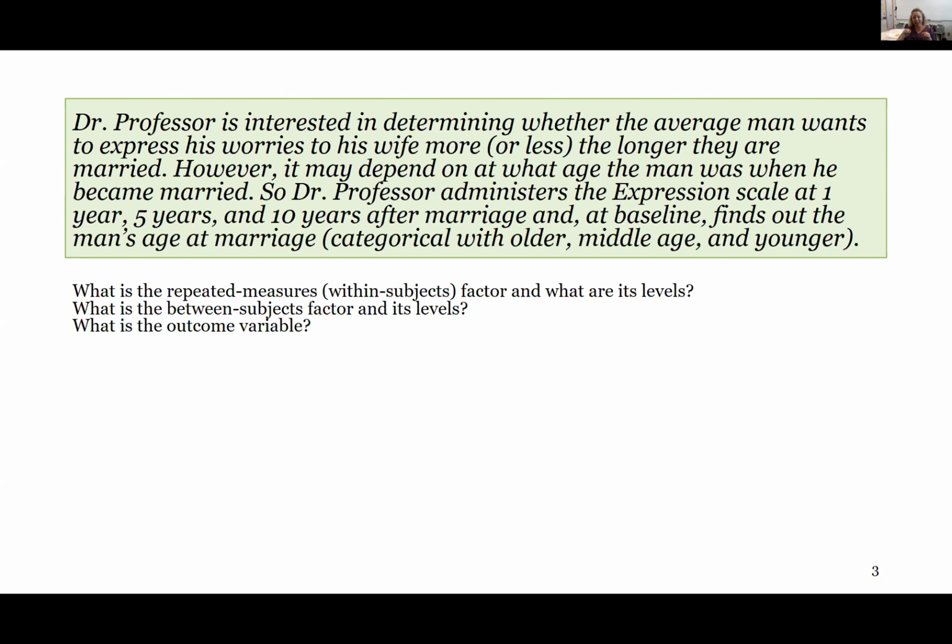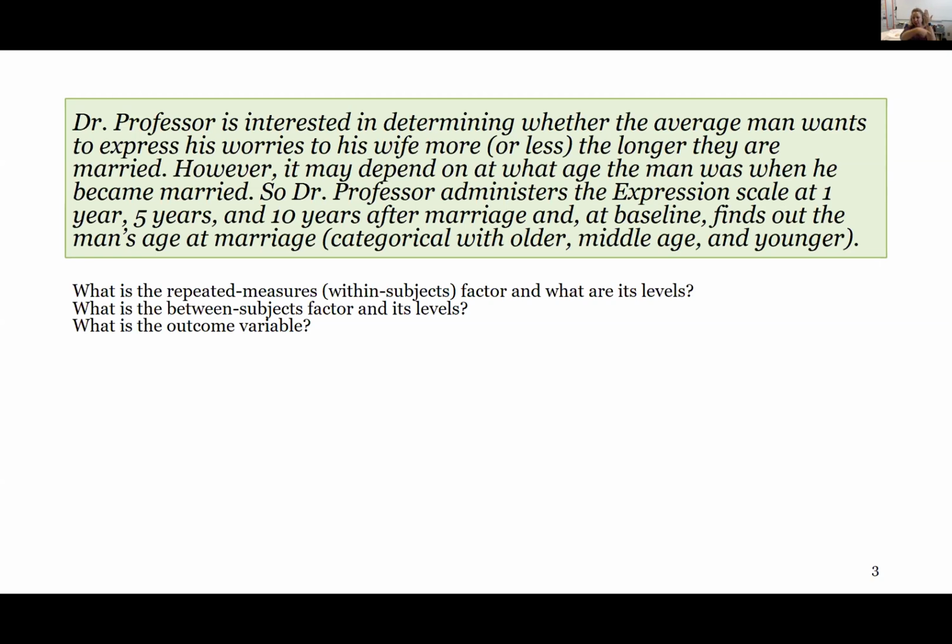So age, we have to categorize it. And I'm going to stop here because if you have a continuous variable, should you split it up into just younger, middle age, and older? Please think very carefully before you do this.